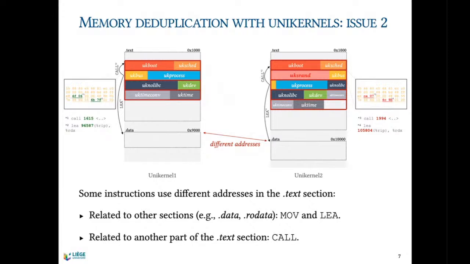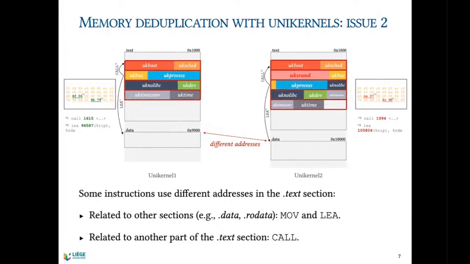Normally you have seen that these instructions use specific addresses from other sections, for example the data section, the raw data section, and so on. Since these sections do not start at the same location between all the unikernel instances, the addresses used by these instructions are also different.